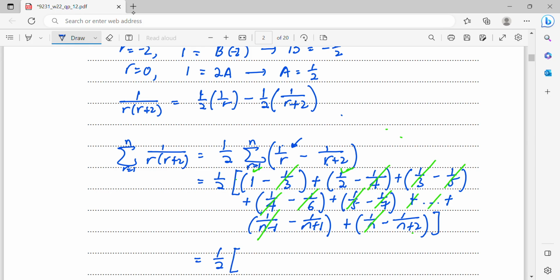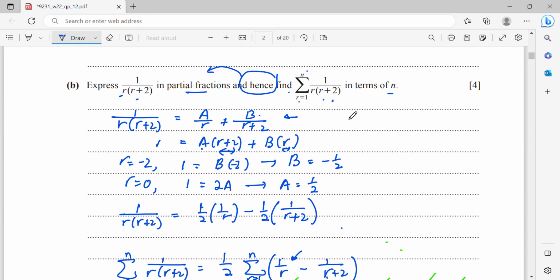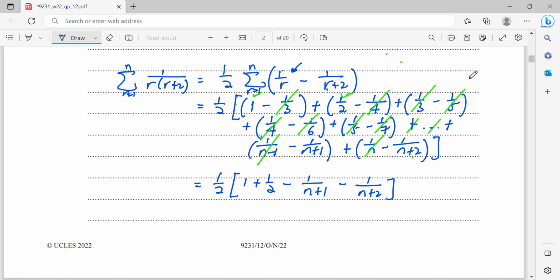Write down the remaining terms, 1 plus half, and then minus 1 over n plus 1, and minus 1 over n plus 2. Okay, so you can leave your answer in terms of n. Probably you can just simplify the first two terms, which is 3 over 2 minus 1 over n plus 1 minus 1 over n plus 2. So that is our summation.